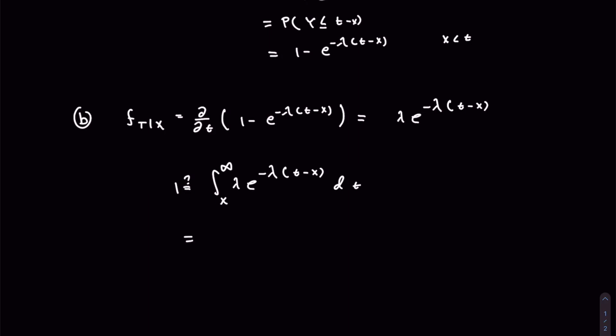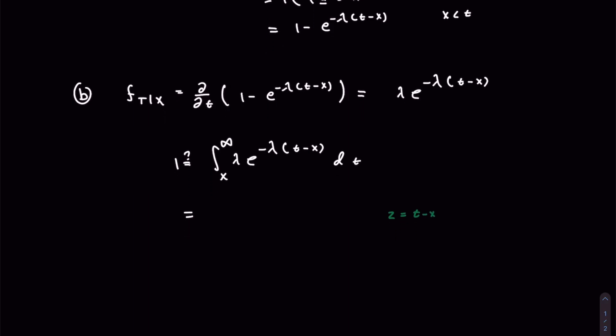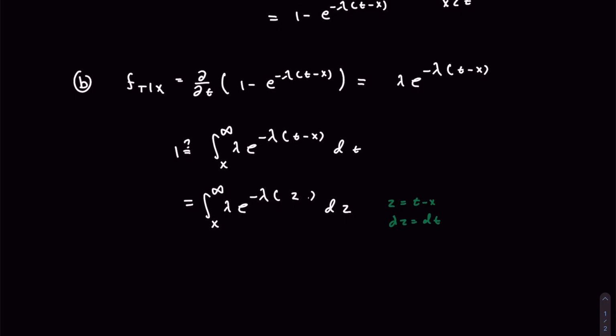And if we set now, say y, or anything, let's just set z, for example, which is just a dummy variable, z equals t minus x, and so just doing a subtraction, dz is dt, so this whole thing can be written as, we change this to z, and now the new limit of z: as t goes to infinity, z goes to infinity, so that's correct.